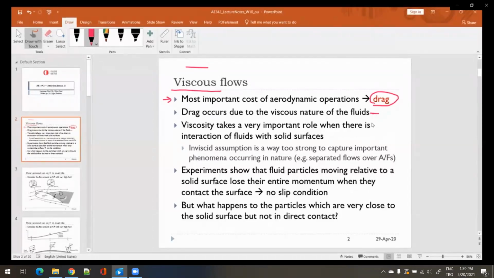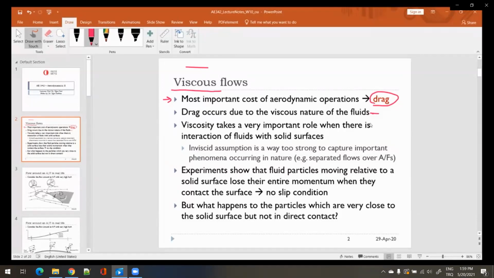In reality, there is no such thing as an inviscid fluid. This is an approximation by us engineers, but in reality every fluid is viscous, and it takes a very important role, whether in low speed flows or high speed flows. It doesn't matter.